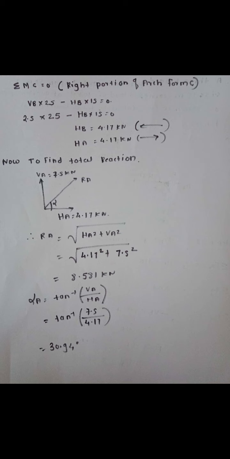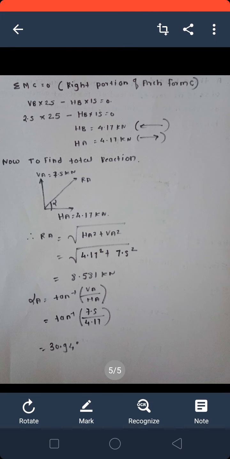HB is equal to 4.17 kilonewton, which is going in the negative x-axis. Now similarly, by using our first equilibrium condition, that is HA must be equal to HB, we get HA and HB equal to 4.17.